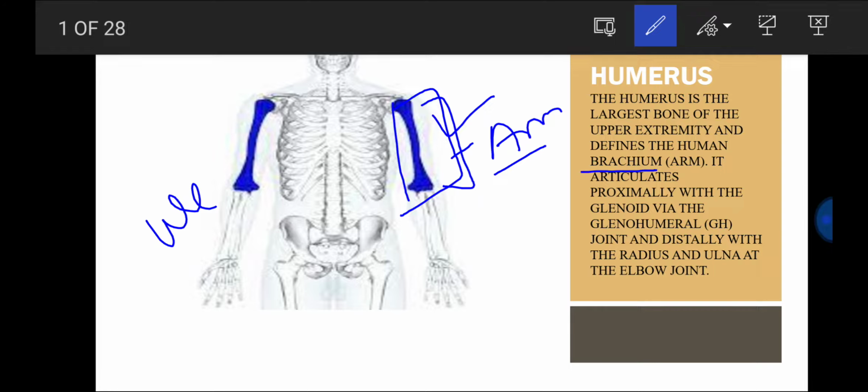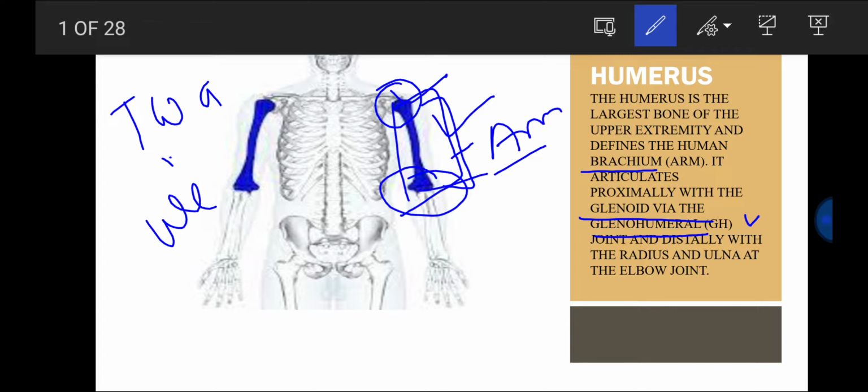It articulates proximally with the glenoid via the glenohumeral joint or GH joint, and distally with the radius and ulna at the elbow joint. So these are the two articulations with the humerus. One is the GH joint, the second one is the elbow joint.